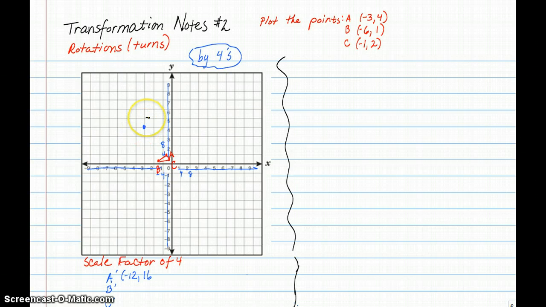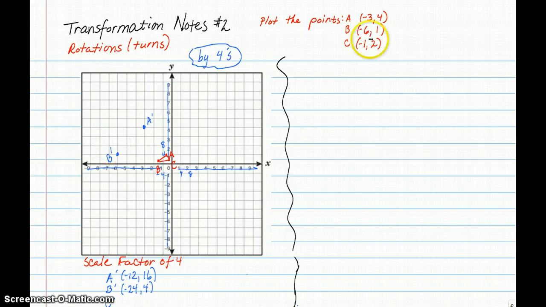So that's going to be right there, and that's going to be our A prime. And then we've got B, so negative 6. We're going to take that times 4, so it's going to be negative 24. And then we're going to take 1 times 4, so 4. So negative 24, 4. That's going to be our B prime.